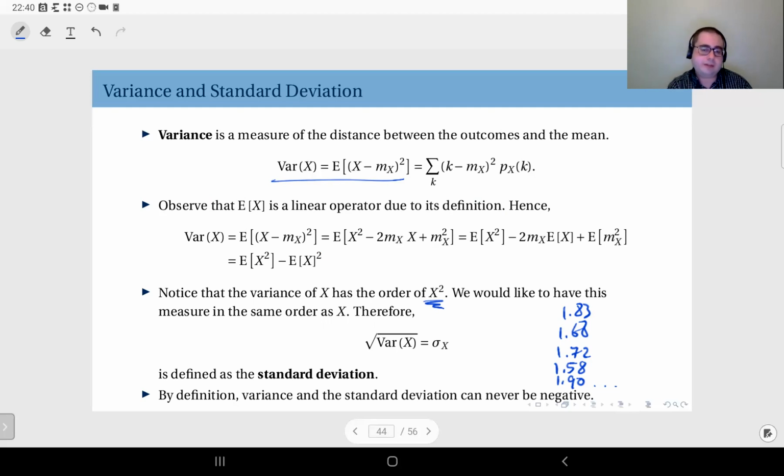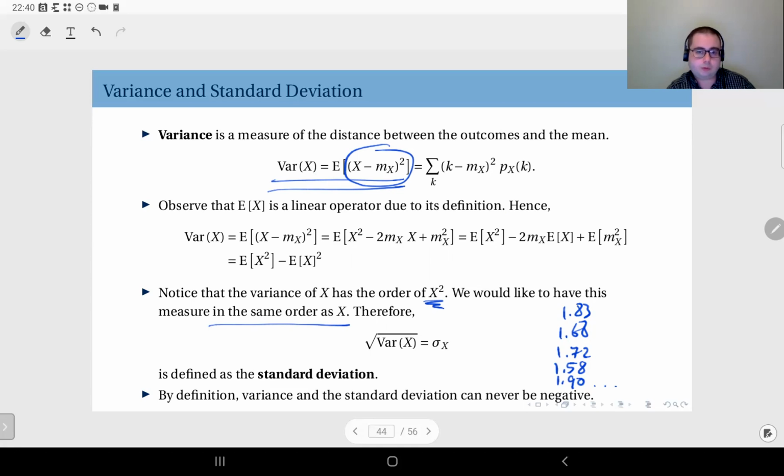But if you have the random variable modeling this data, you have the expected value. Since it's a weighted average, its order is still meters. However, if you compute the variance, since you are working with the square of this quantity, it's going to be in terms of meters squared. You do not want this. We would like to have this measure in the same order as x.